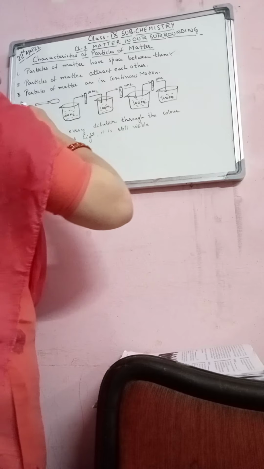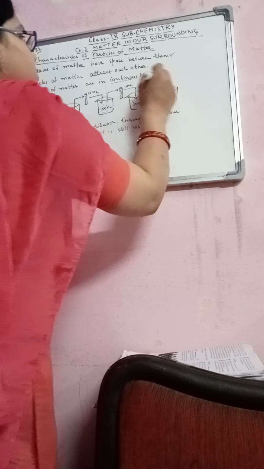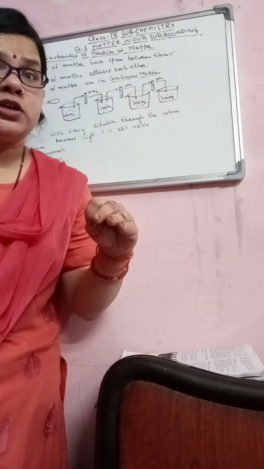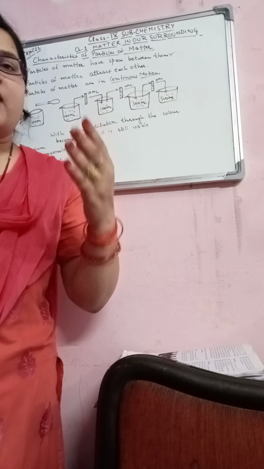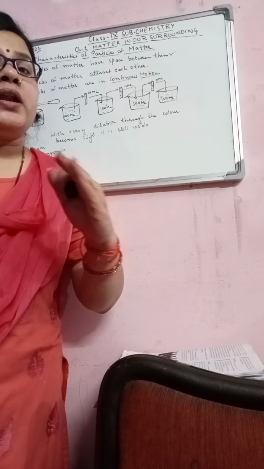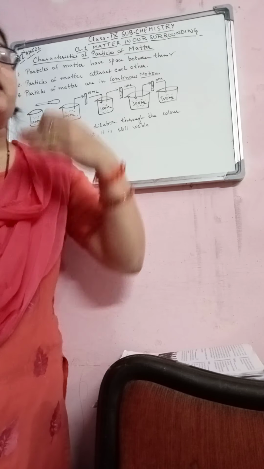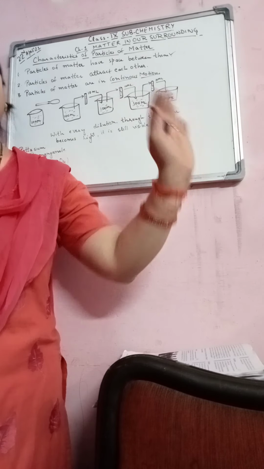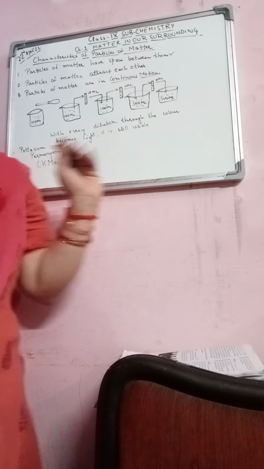Now the third one is that particles of matter are in continuous motion. How can you understand this? For example, take one incense stick, ignite it and keep it at one corner of your class. Now what do you observe?